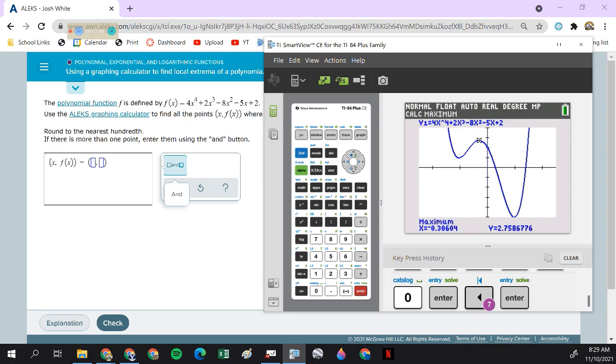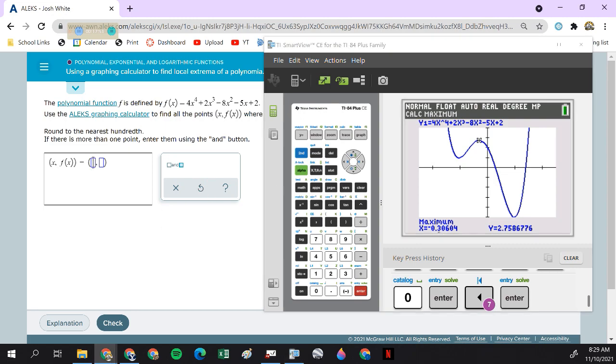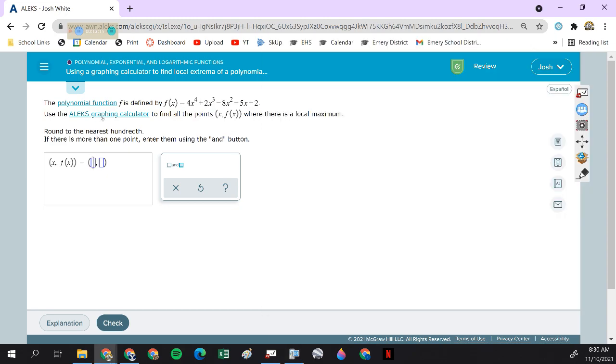Okay, and it says, what is the point? The x value is negative 0.3. And the f of x value, also known as the y value, is 2.76. So negative 0.3 comma 2.76. And if there are 2 maximums, then you would write 2 different answers. But anyway, this one only has 1. So let's do the same thing with the ALEKS calculator.